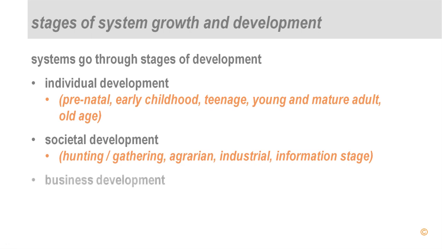In business development, we conventionally distinguish between the inception of the business, a growth stage, and a maturing and aging stage. Sometimes the term stage is also replaced with the term phase, so we talk about an inception, growth, maturing, and aging phase.